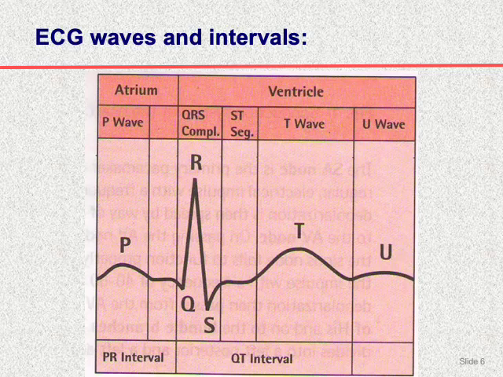The ECG waves and intervals. When the electrical activity of the heart was first recorded on paper, we see different waves. We have first the P wave, and this P wave reflects the activation or depolarization of the atrium, both right and left.